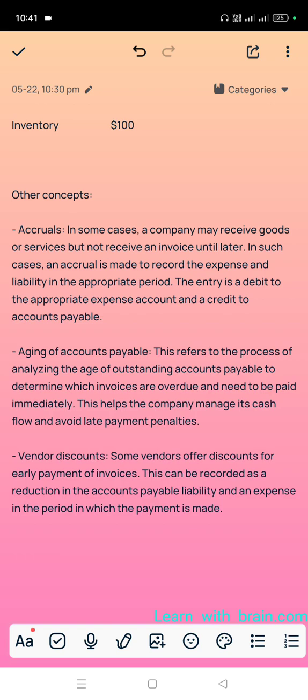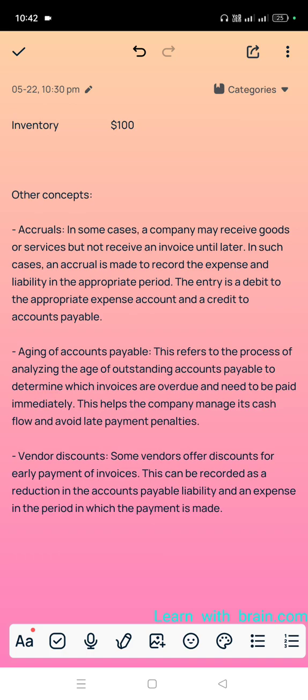If we pay late, we have to pay penalties. So to avoid late penalties, we have to account for it immediately and remember to pay within 30 days. This concept is explained with examples in aging of accounts payable.